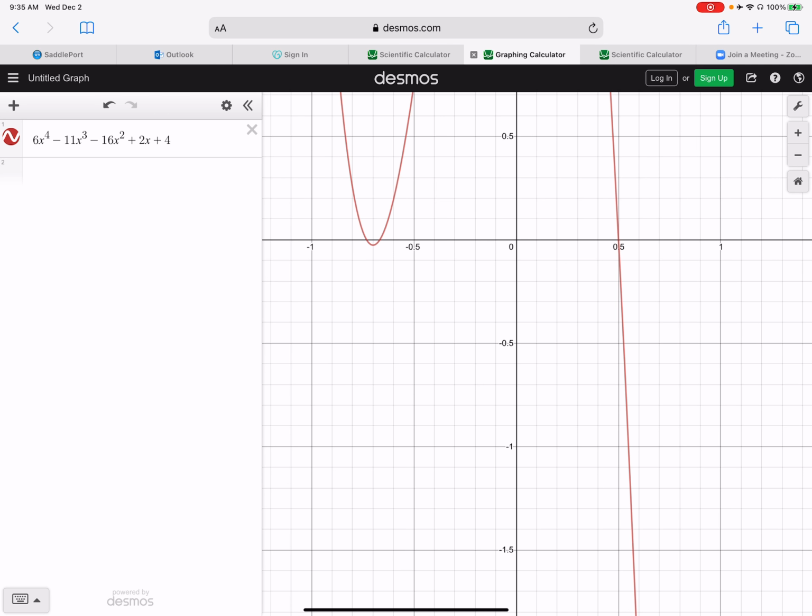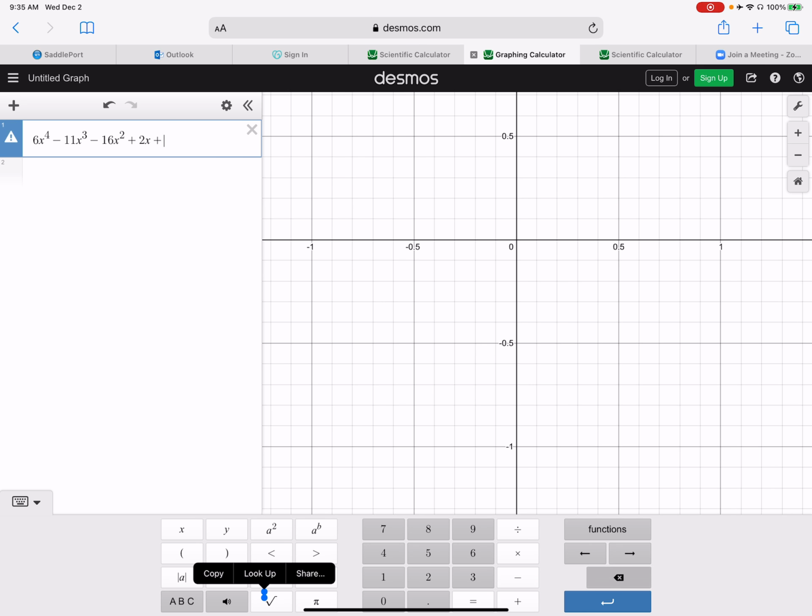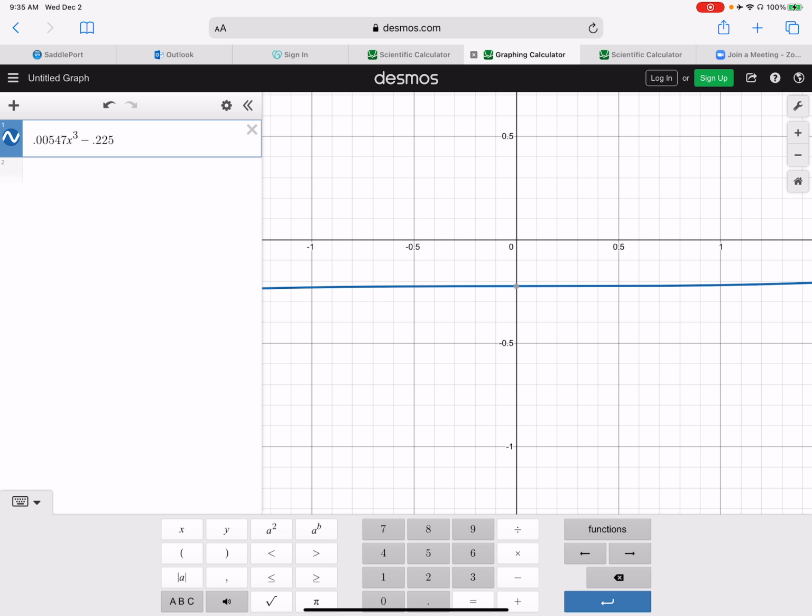So graphing calculator, and then I'm going to delete what's in here, I think. Or maybe I can just, there we go. And so we have 0.00547 x cubed minus 0.225 x squared plus 3.62 x.